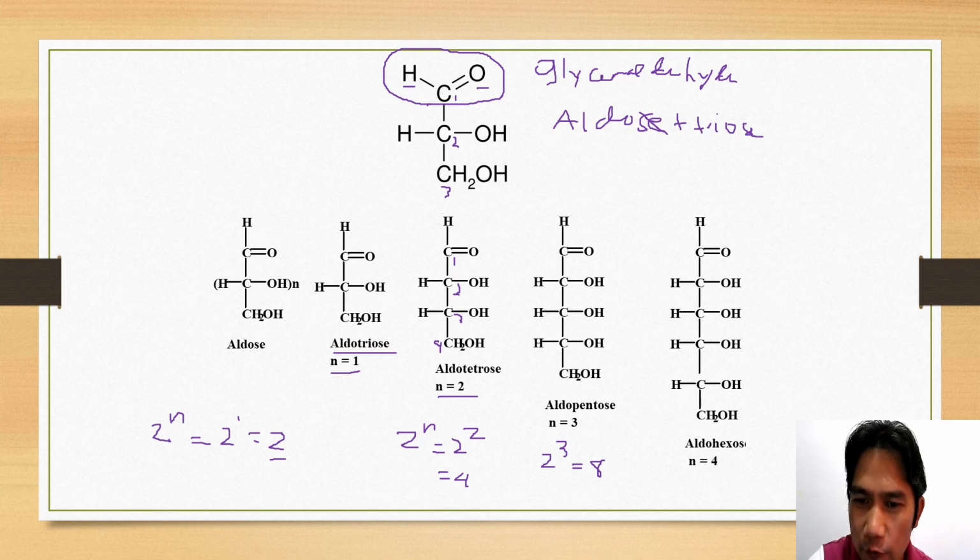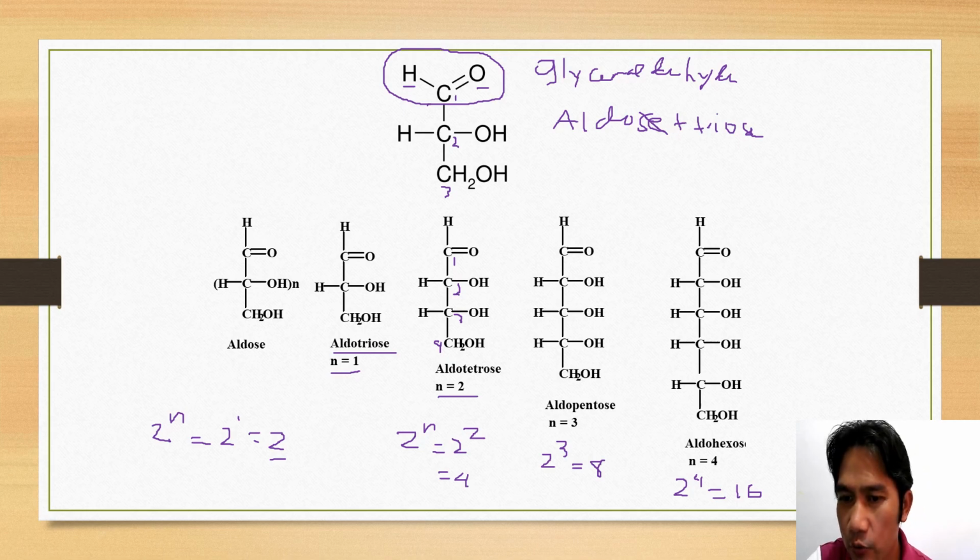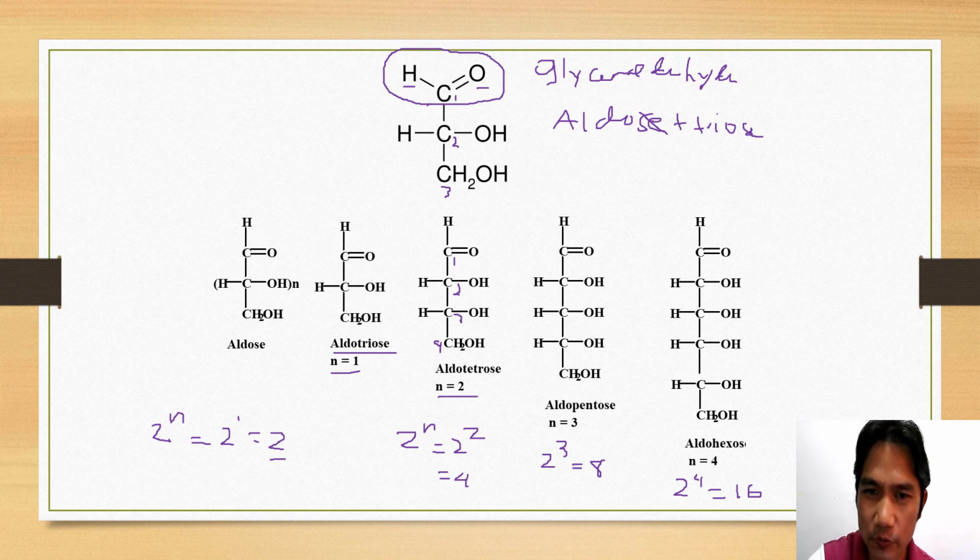If we put that in the formula, 2 raised to 4, then we have 16 possible arrangements. So if we arrange the hydroxyl groups of an aldohexose, we could have 16 different molecules.